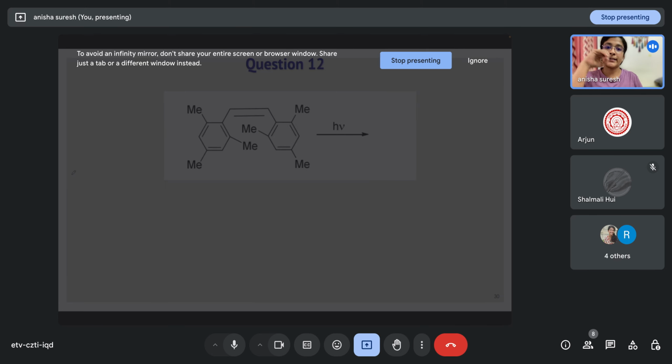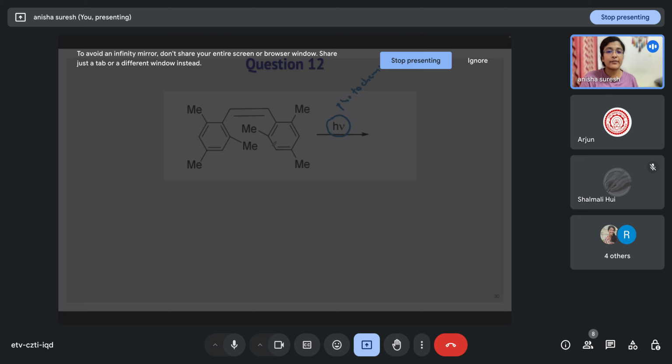Now coming to another question. This is the starting material, and here we are applying photochemical condition. So what is the final product that will be forming?